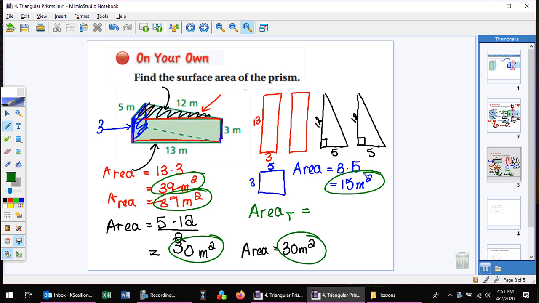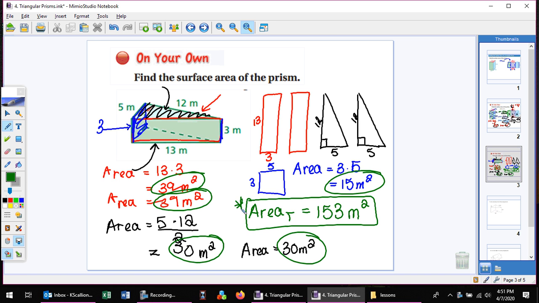So I got 39 plus 39 plus, and that's going to be 153 meters squared. So that's my final answer.